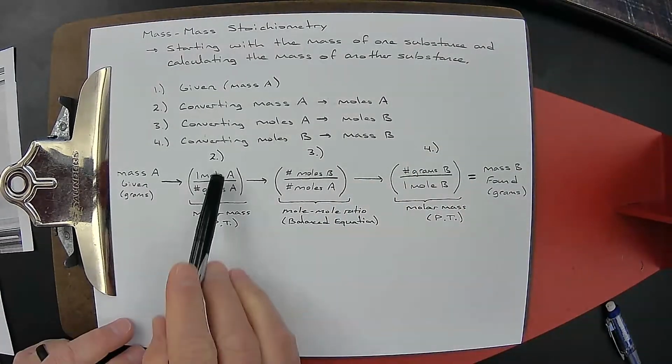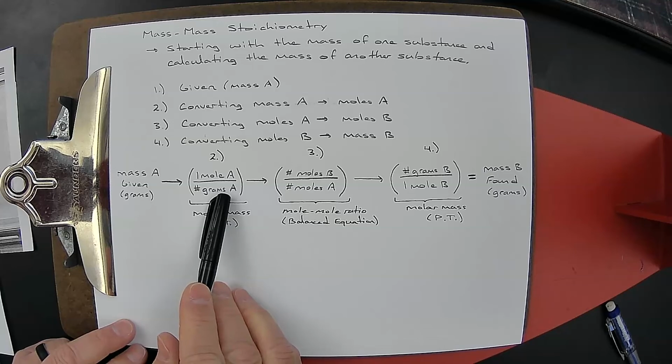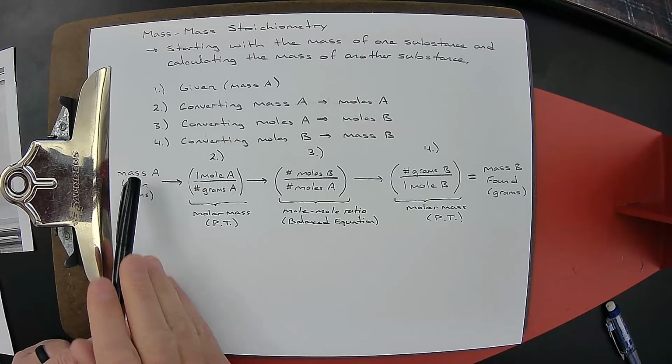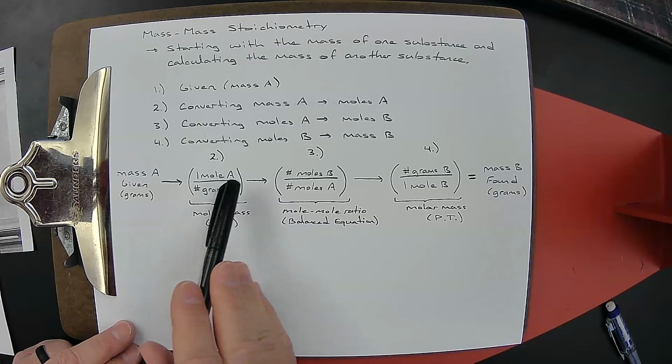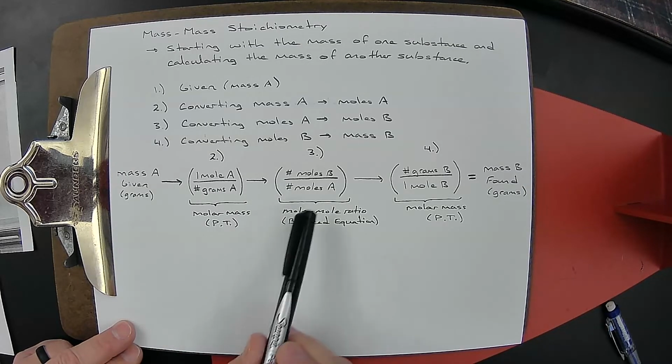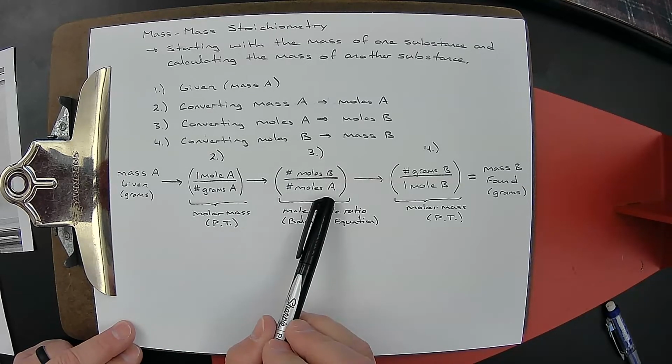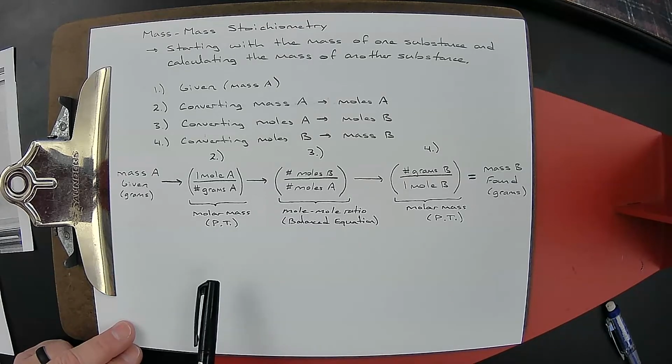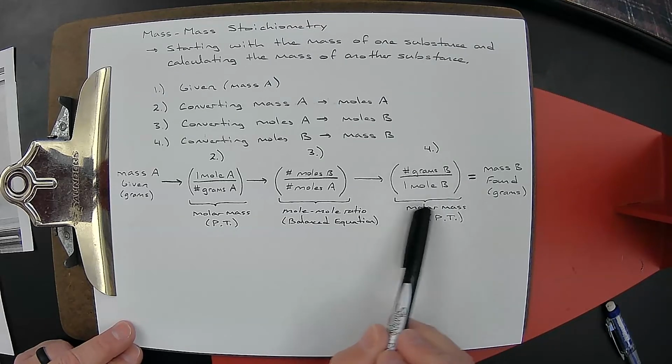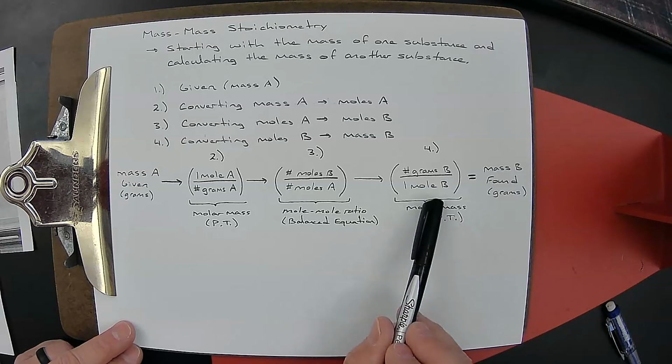Each one of these individual ones we've previously done, where we use the mass of A and use the molar mass to find our answer. Or we use this ratio here to go from the moles of A to the moles of B. Or we use this ratio here to go from moles into grams.